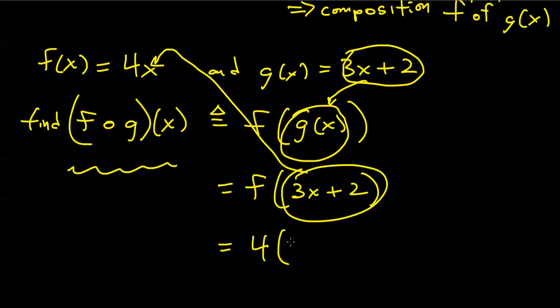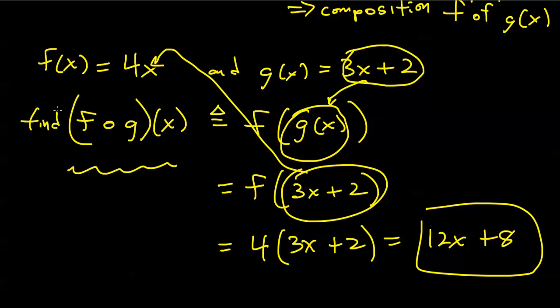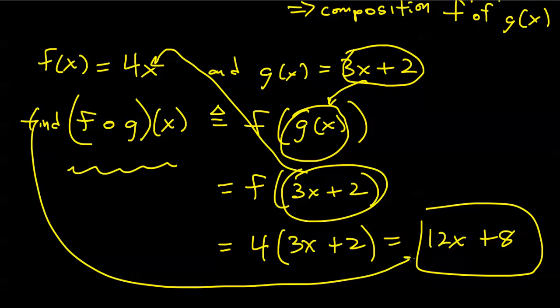So f of 3x plus 2 is really 4 times 3x plus 2. And of course, I can grind that out very easily. I'll get 12x plus 8. So your final answer here for f of g of x is 12x plus 8. Alright, not too bad.